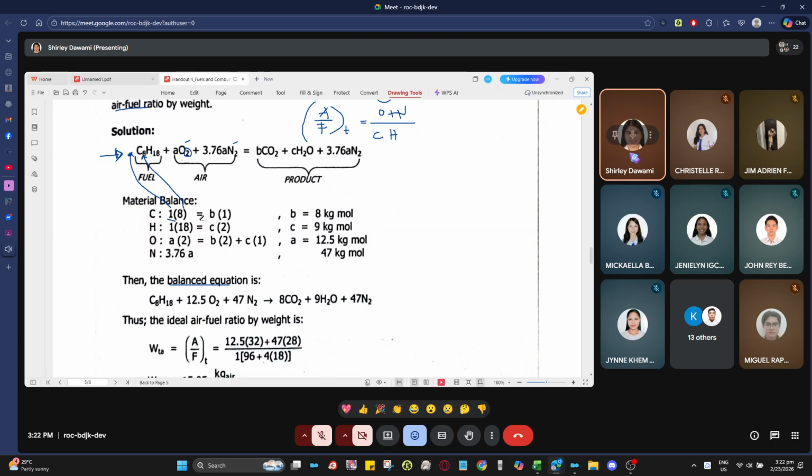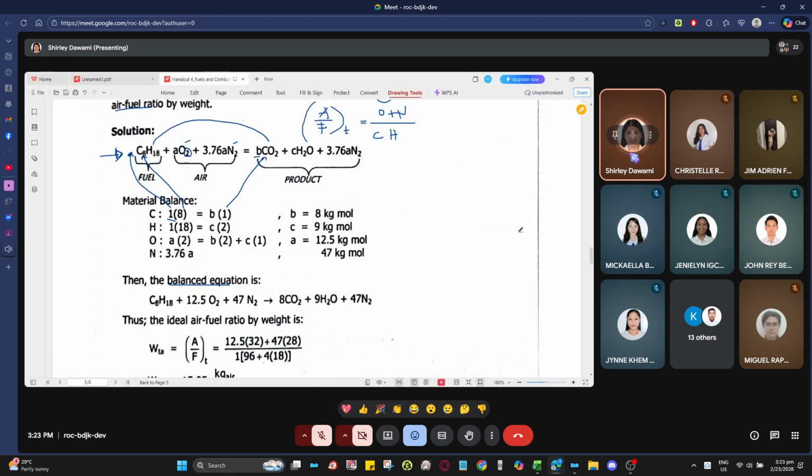That equals the corresponding product of combustion, which is B times the number of carbon atoms in the product side, which is 1. So B times 1. So B is equal to 8 kilogram mole.